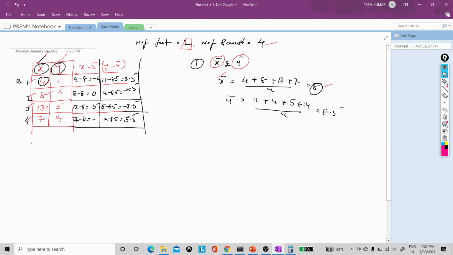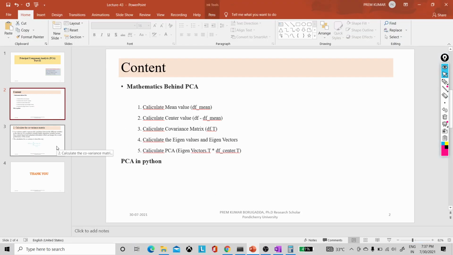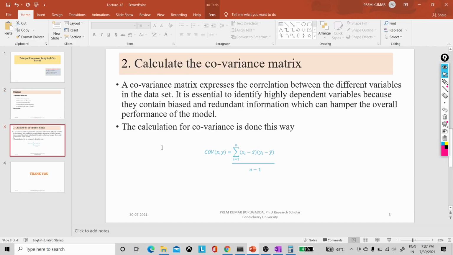Next, step 2 is the covariance matrix. What is meant by covariance matrix? The covariance matrix expresses the correlation between the different variables in the data set.